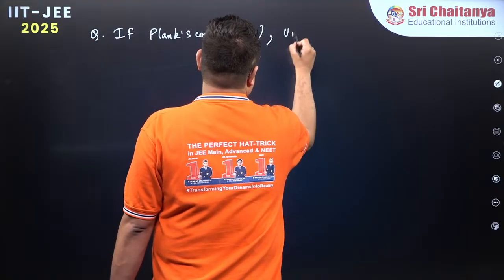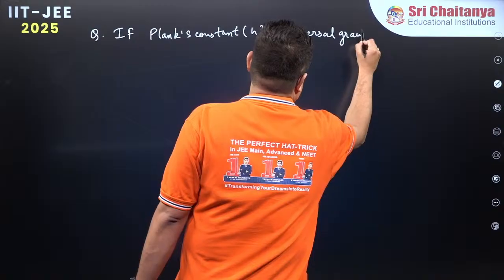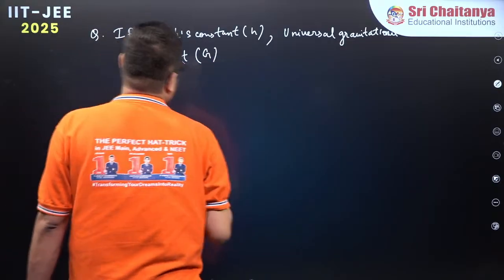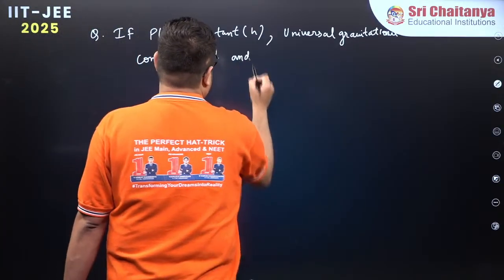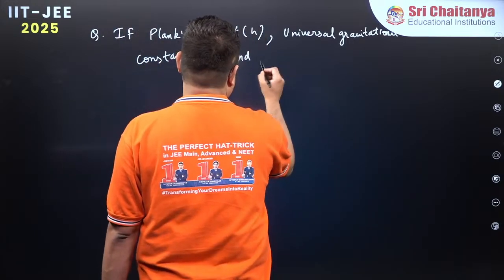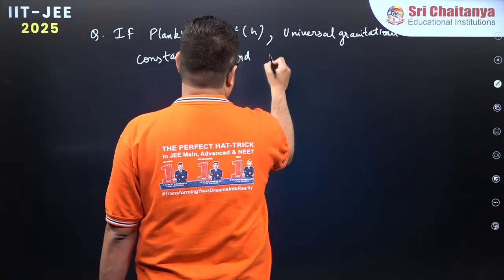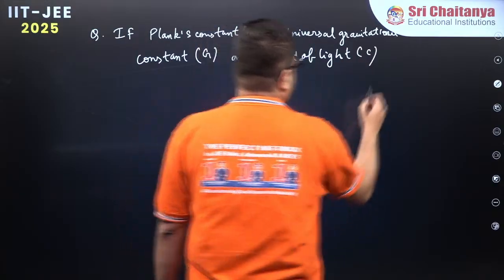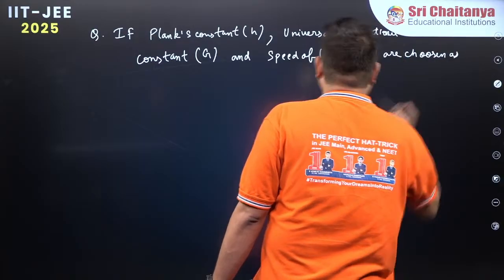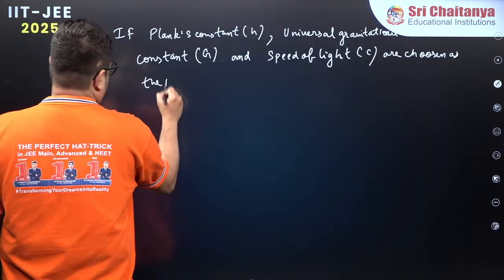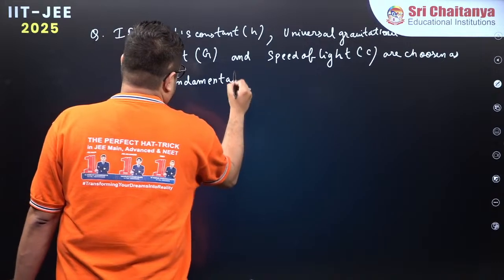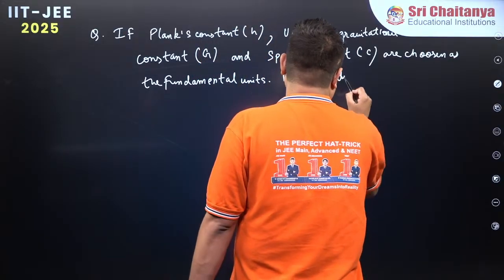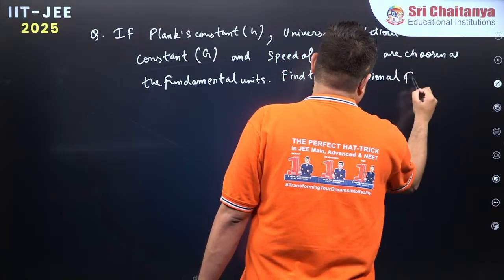Planck's constant, universal gravitational constant, which is known as capital G in Newton's law of gravitation, and let's say the third term is the speed of light, C, are chosen as the fundamental units. Find the dimensional formula of time.